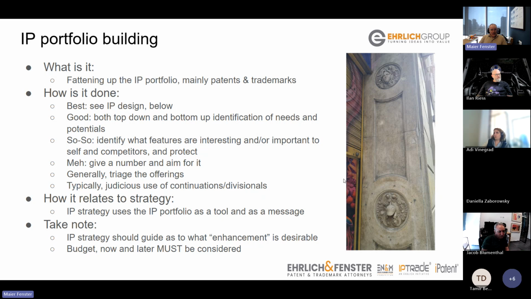When we talk about fattening up your portfolio, you want an IP strategy that can guide you as to what type of enhancement you need in the portfolio. And of course, budget. People doing this don't always realize that filing patents costs money and getting them costs money and keeping them alive costs money.